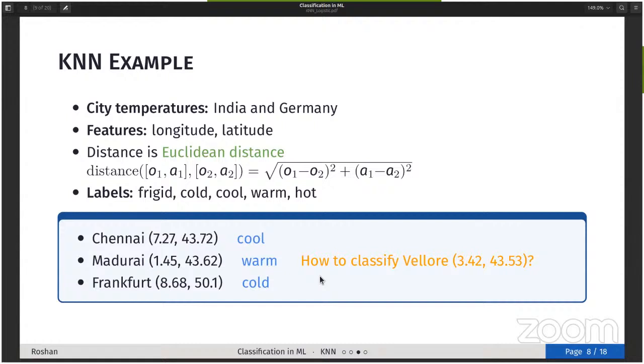Whichever has the least distance will share the same label. You can calculate it and let me know in the chat what the label will be here. And I want the distance metric also.